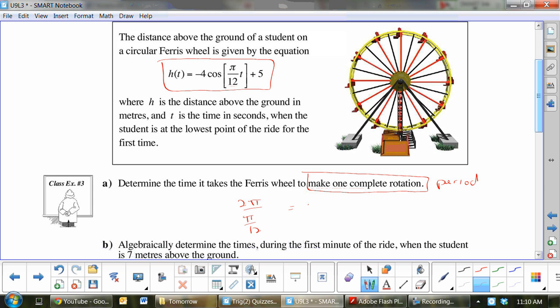So this is the same thing as 2 pi times 12 over pi. So that equals 24 seconds. This thing goes around one time in 24 seconds.